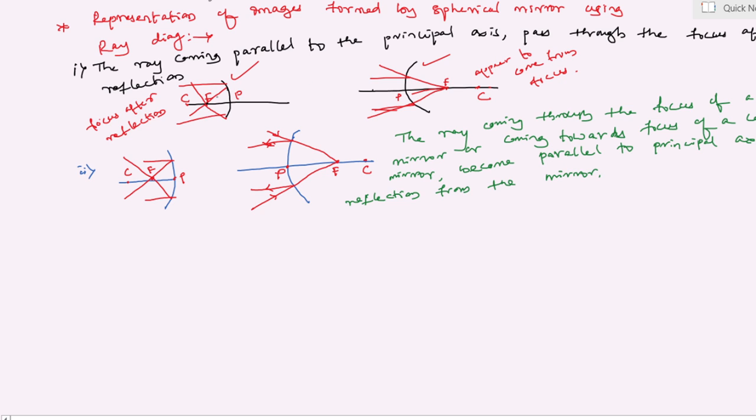Yes, my dear students, see the ray diagrams. What is happening here? The ray coming from the focus of a concave mirror, or coming towards the focus of a convex mirror, becomes parallel to the principal axis after reflection from the mirror. Yes, my dear students. And the third one.